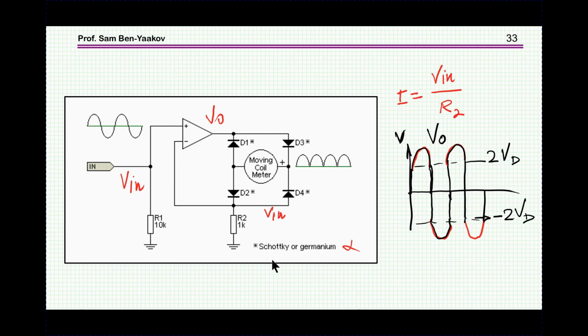Now there are many other configurations that produce a precision rectification. I'm going to show some of them. For example, if you have a moving coil and you would like to feed it with a DC, which is a precise reflection of the AC, one way to go is to put here the full wave rectifier in the feedback.